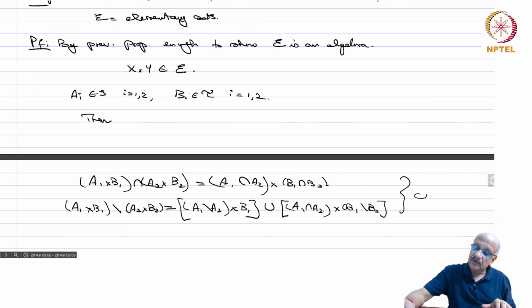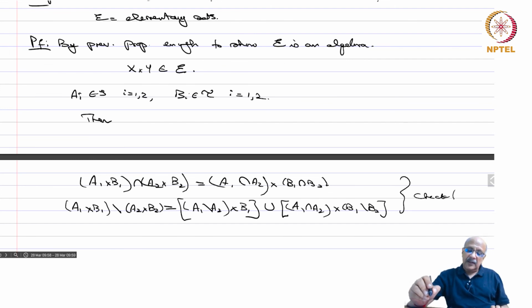Okay, this you can check. And therefore the intersection of measurable rectangles is a measurable rectangle, and the difference of measurable rectangles is the disjoint union of measurable rectangles, therefore is an elementary set.